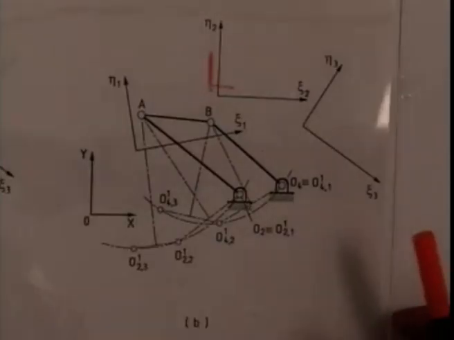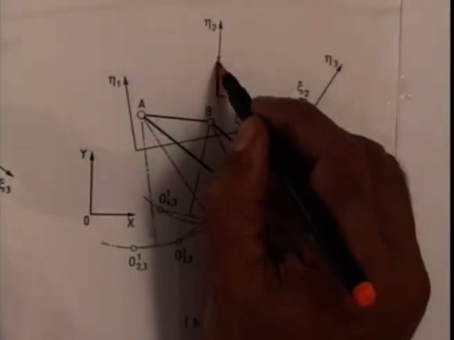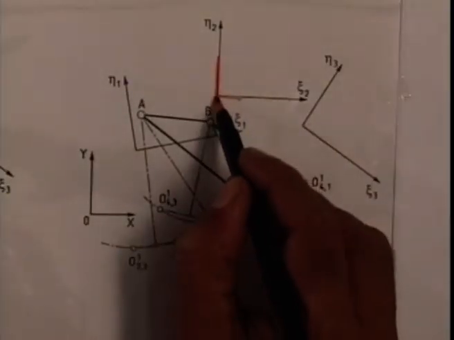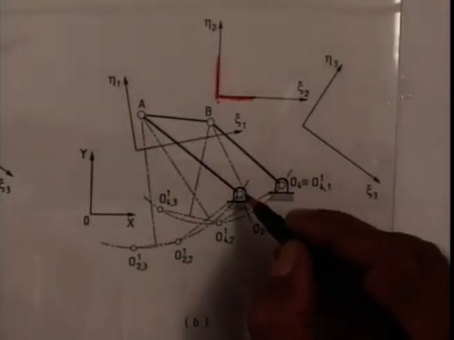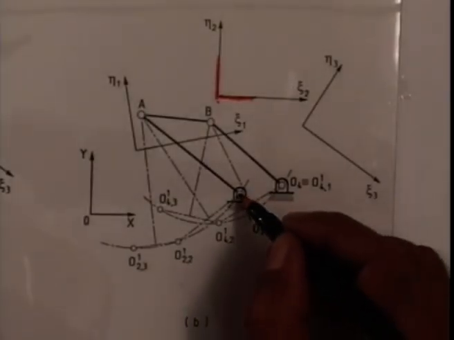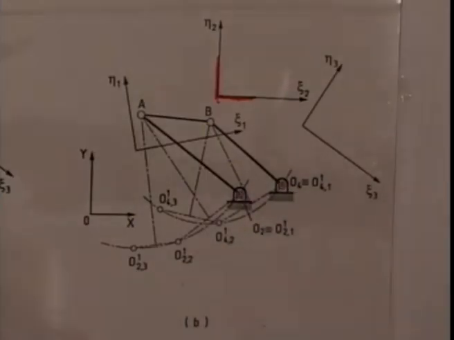What we do, we use a tracing paper and mark this second configuration defined by the eta 2 zeta 2 axis, and the relative position of this fixed pivot in the second configuration, here is O2, here is O4.